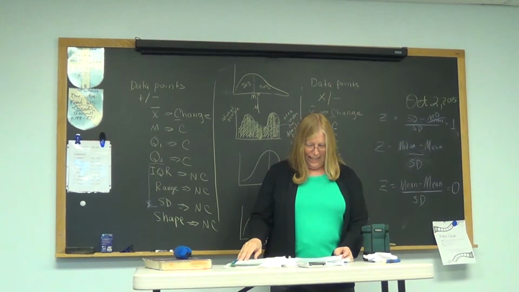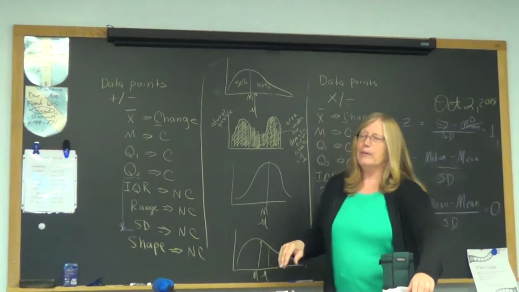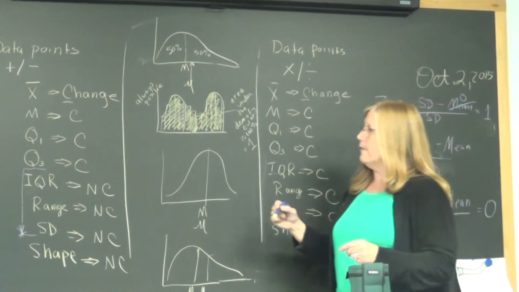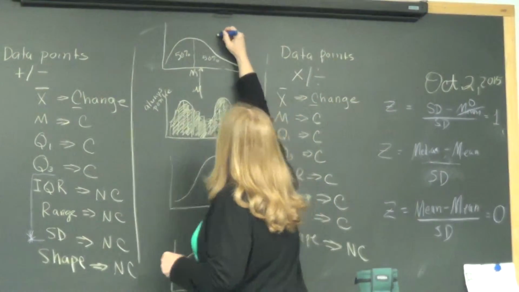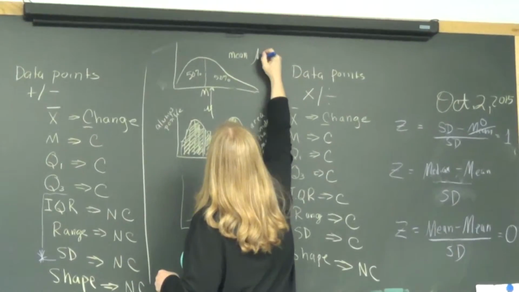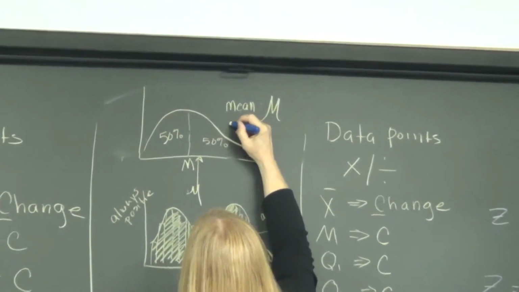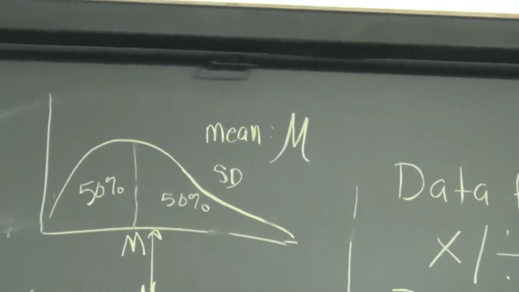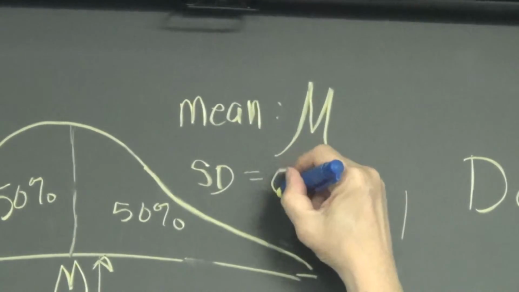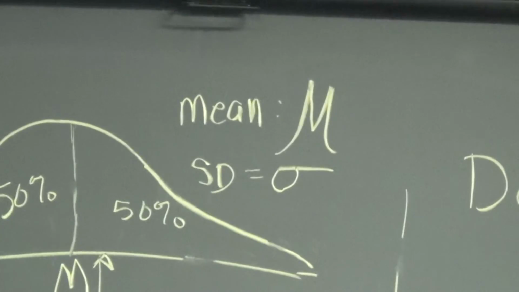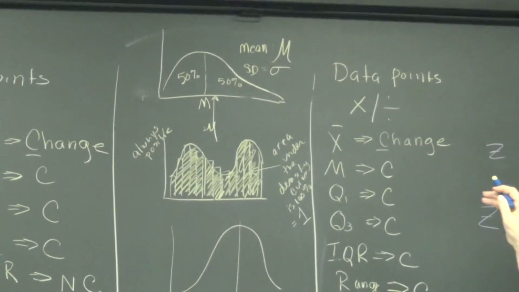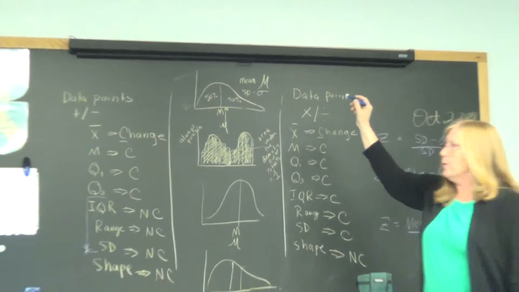The only other thing I need to say is when we have switched from a histogram to a density curve, we call the mean for a density curve this mu. And when we look at the standard deviation for a density curve, we're going to call it this sigma thing. You've seen that before. Do you remember what kind of situations we use these for?